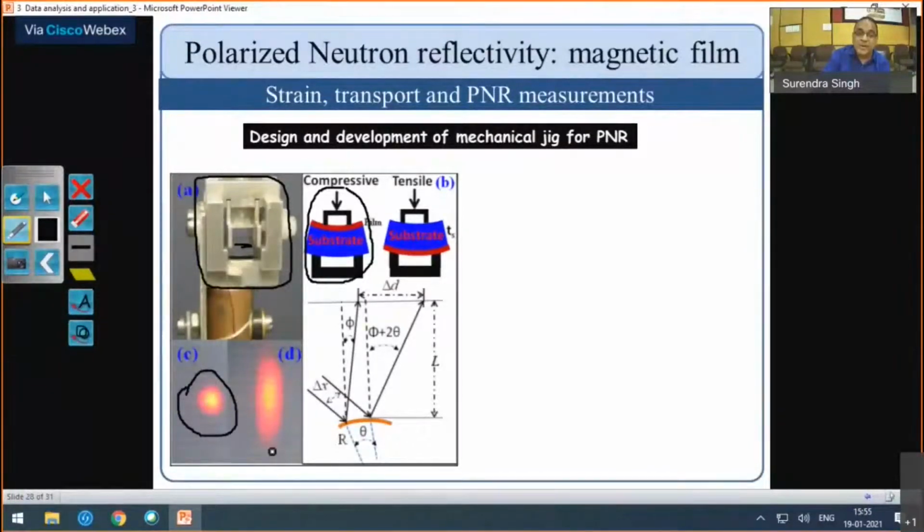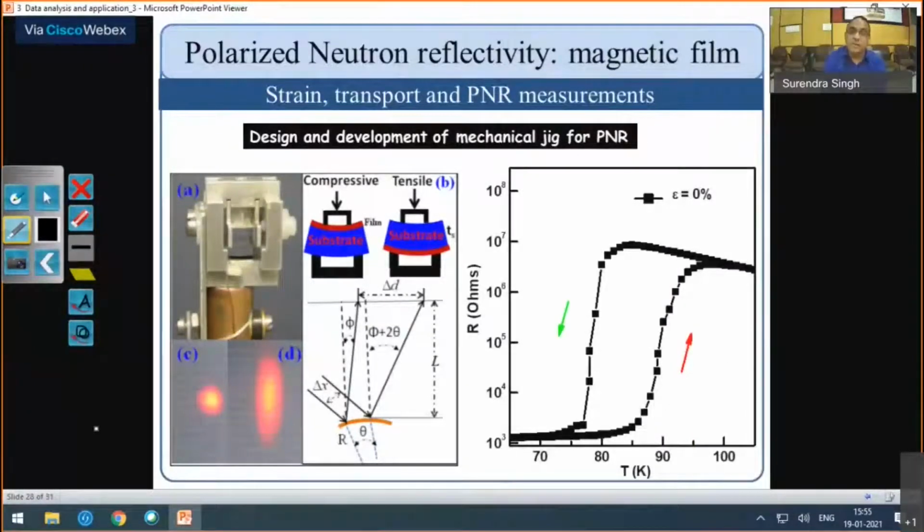But when we bend the sample and reflect the laser beam from it, you can see there is a spread in this beam. From this we can get the radius of curvature and the kind of strain we have applied on the thin film.